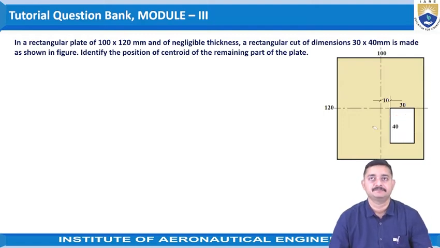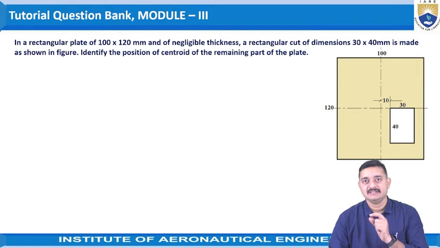The problem given is: in a rectangular plate of 100 by 120 mm and of negligible thickness, a rectangular cut of dimensions 30 by 40 mm is made as shown in the figure. Now identify the position of the centroid of the remaining part of the plate.